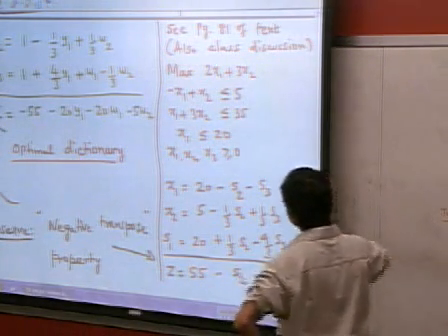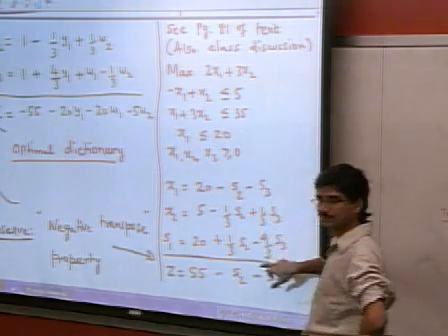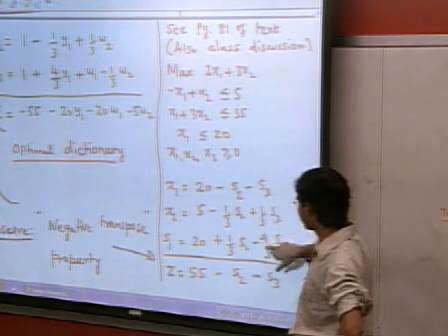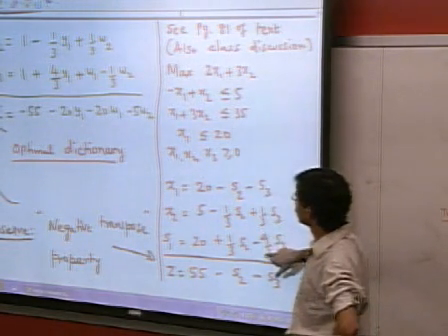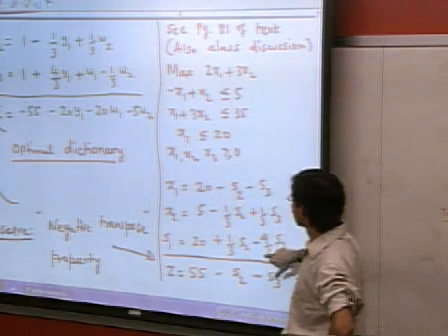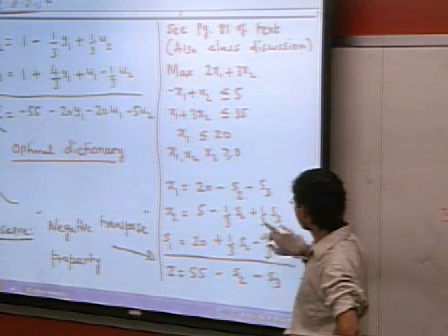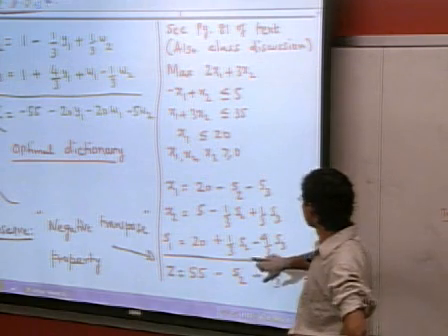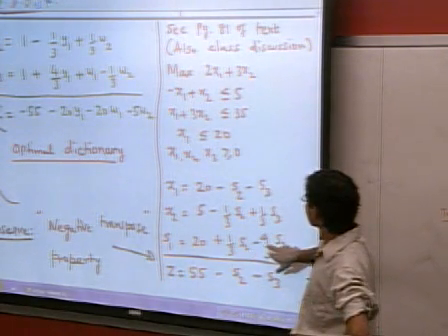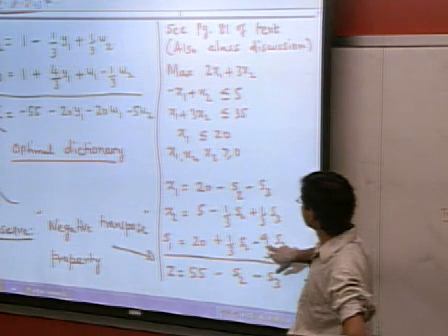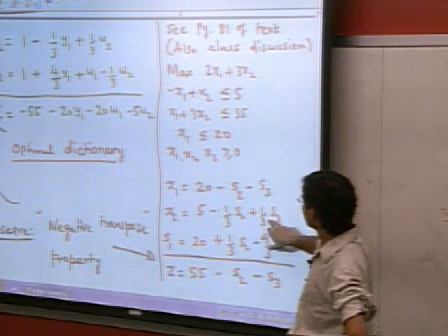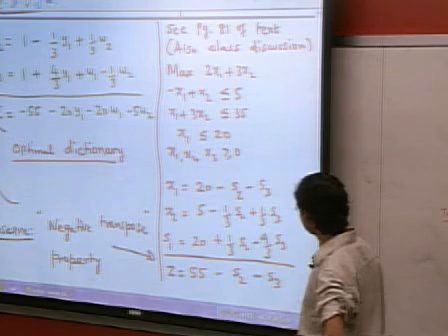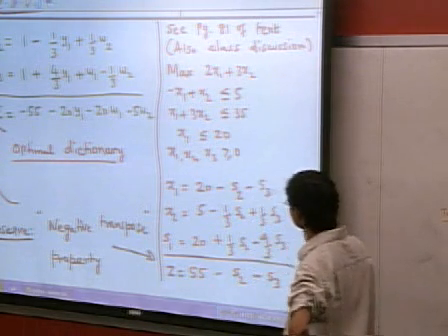So let's see. If you look at the S3 column, S3 has -1, 1/3, -4/3. So Y3 should have +1, 4/3, 1/3, and 1. That seems okay. Look at the S2 column.